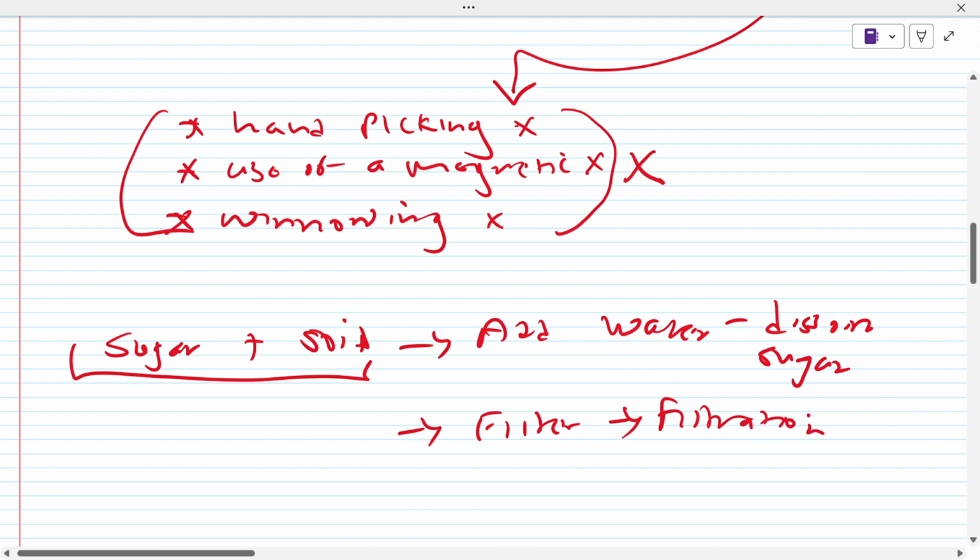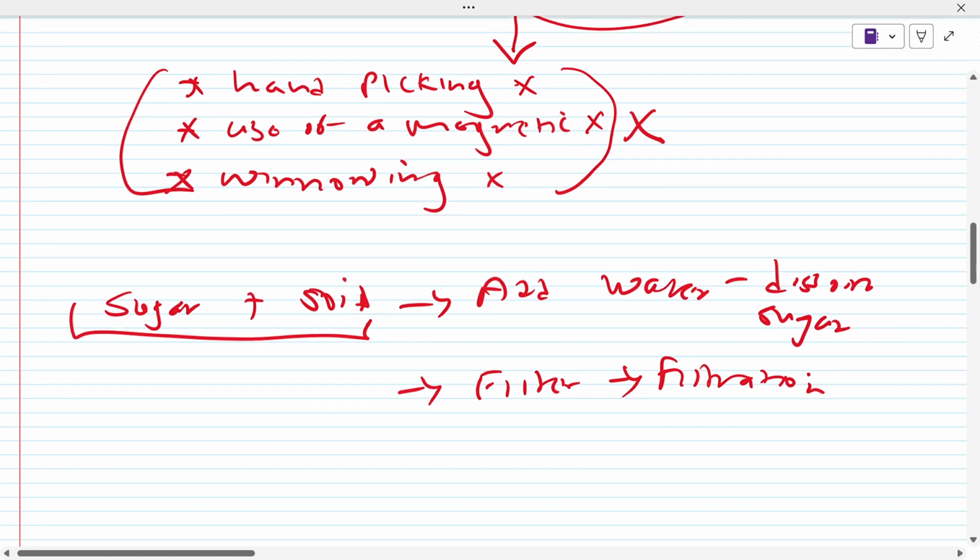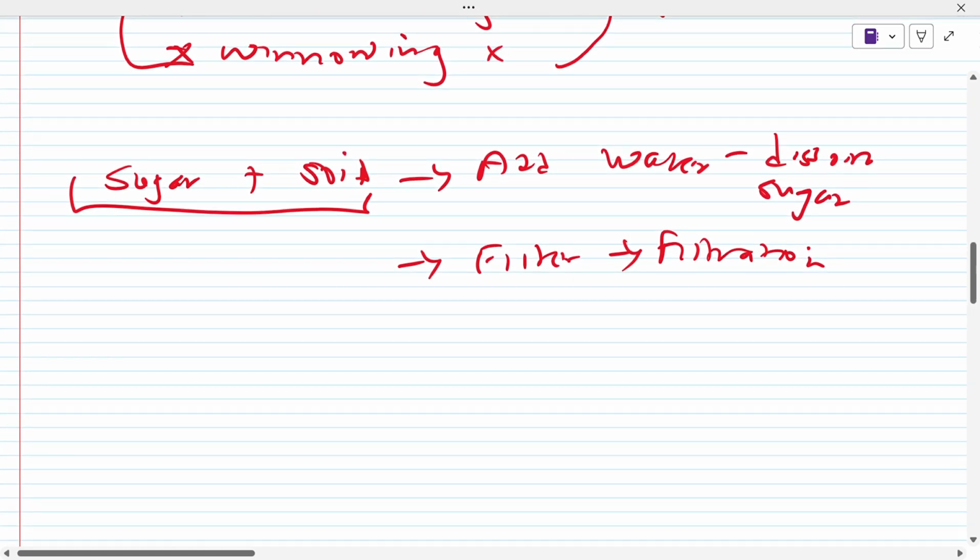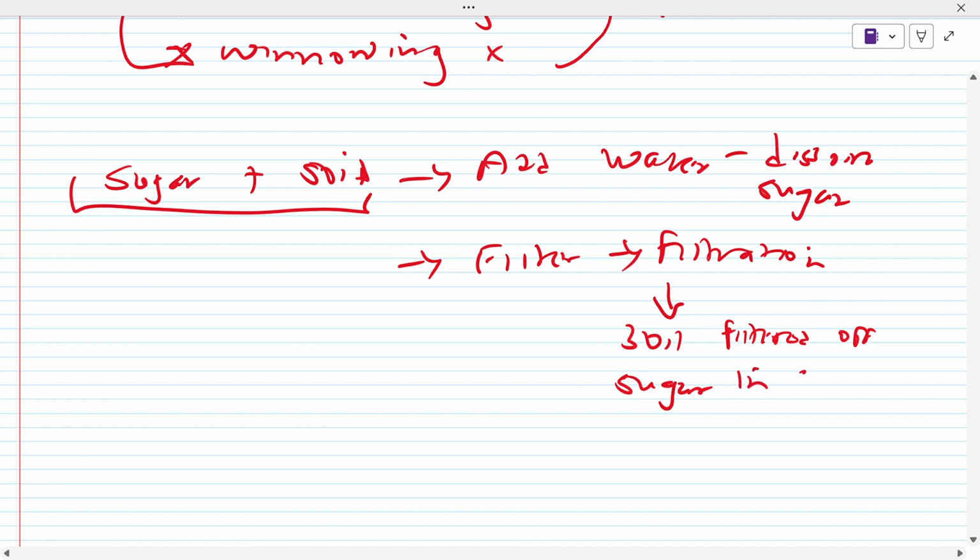Now meaning, when I filter, soil will be filtered off, and sugar will be in the solution.